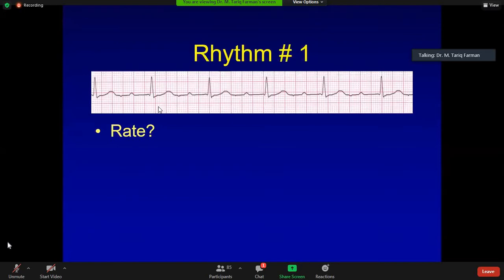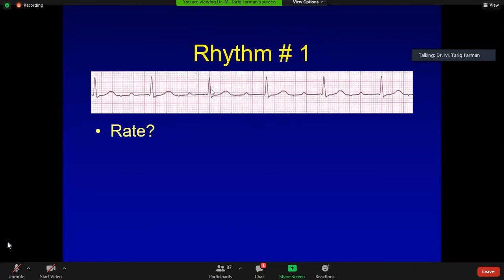The second thing is that you should know how to count the heart rate over the ECG paper. It's very easy. If the rhythm is regular, if it is not irregular, you have this method of counting these large boxes, right?